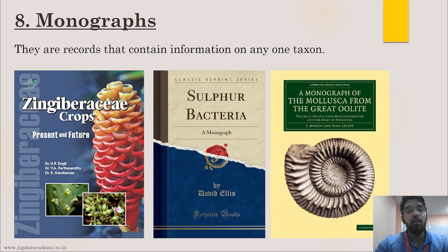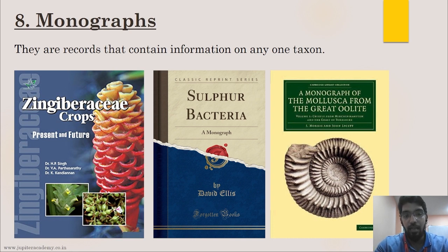Monograph. Monographs are books or records which contain information for one taxon, only one taxon. It can be only for a family, or only for one particular order. For example, Gingiberaceae crops. It is only talking about the Gingiberaceae family, the ginger family, and its usefulness, what kind of medicine has been obtained, what kind of recipes, or any information regarding that family is given in the book.